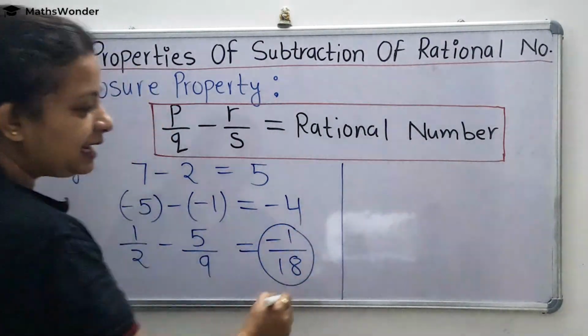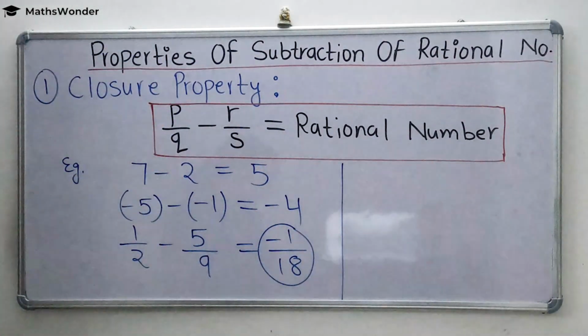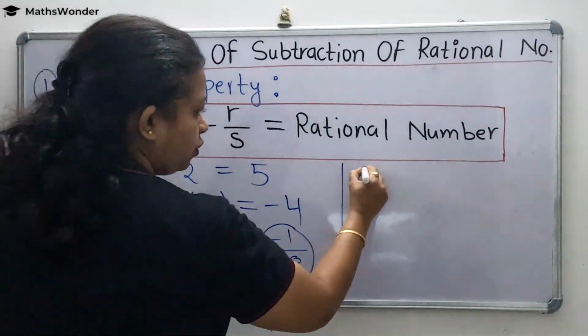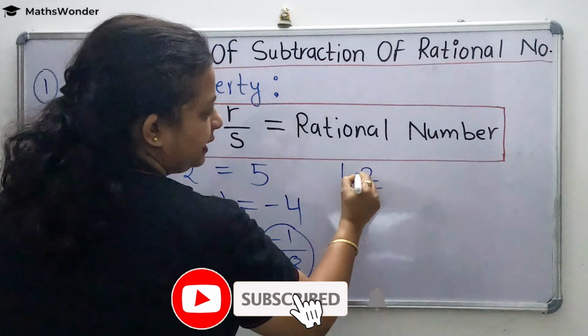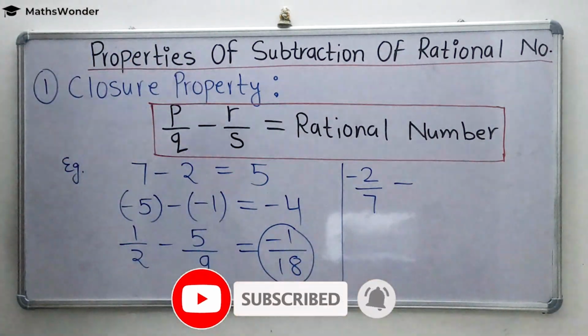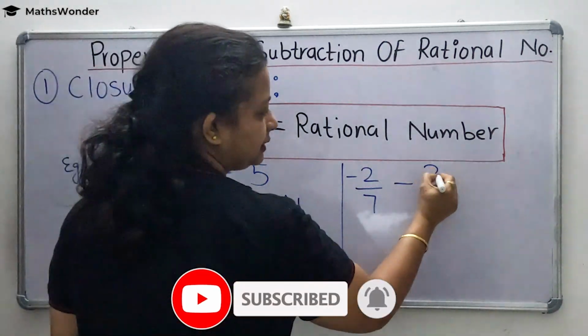Suppose we take the same thing with a negative rational number. Any other example with negative values, like 2 over 7, negative 2 over 7 and negative 3 over 8.